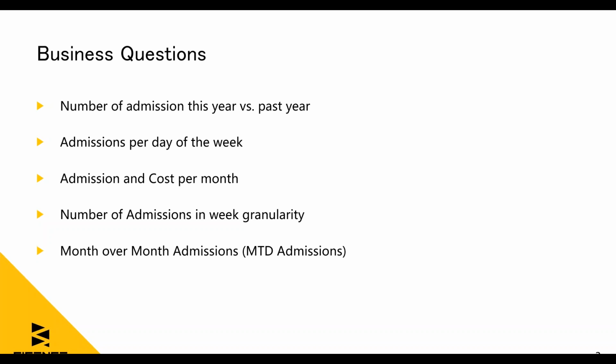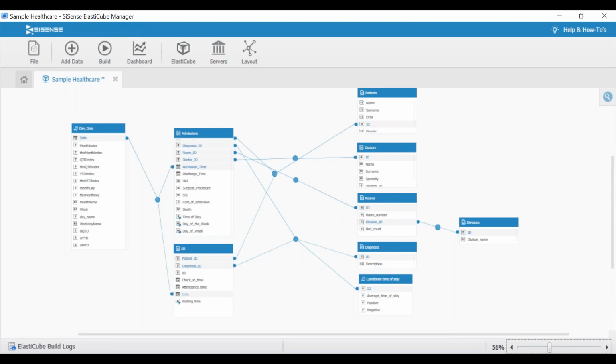Now, the Elastic Cube we're going to work on, I want you guys to see. This is the Elastic Cube that is the sample healthcare. The admissions is the number of patients coming over to the ER.